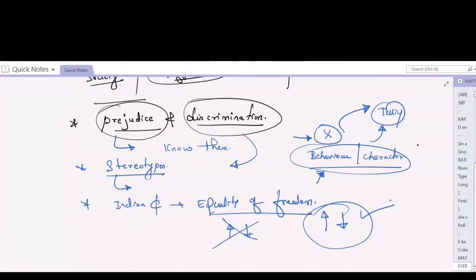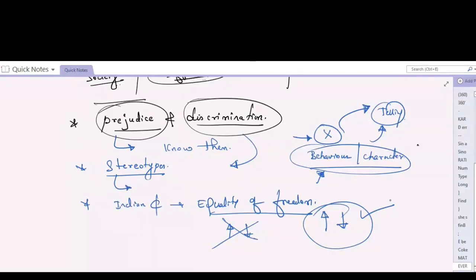Take down the answer. I'll give the answer and also explain it to you.